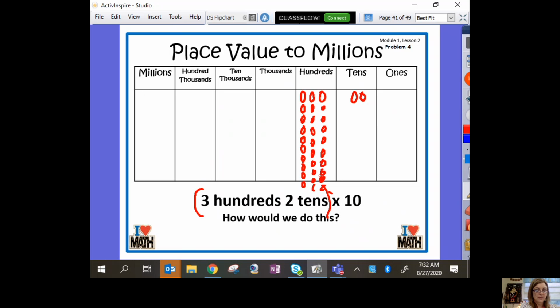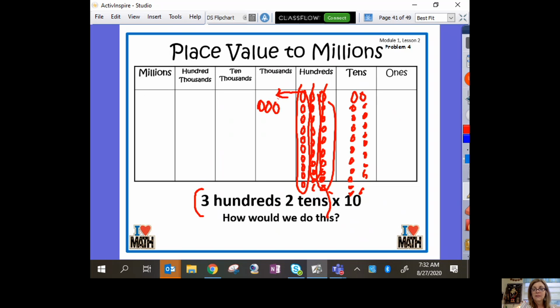So that's 300s, and I know that when I've bundled these, I'm going to move those over to the thousands column, so I would have 3,000s.